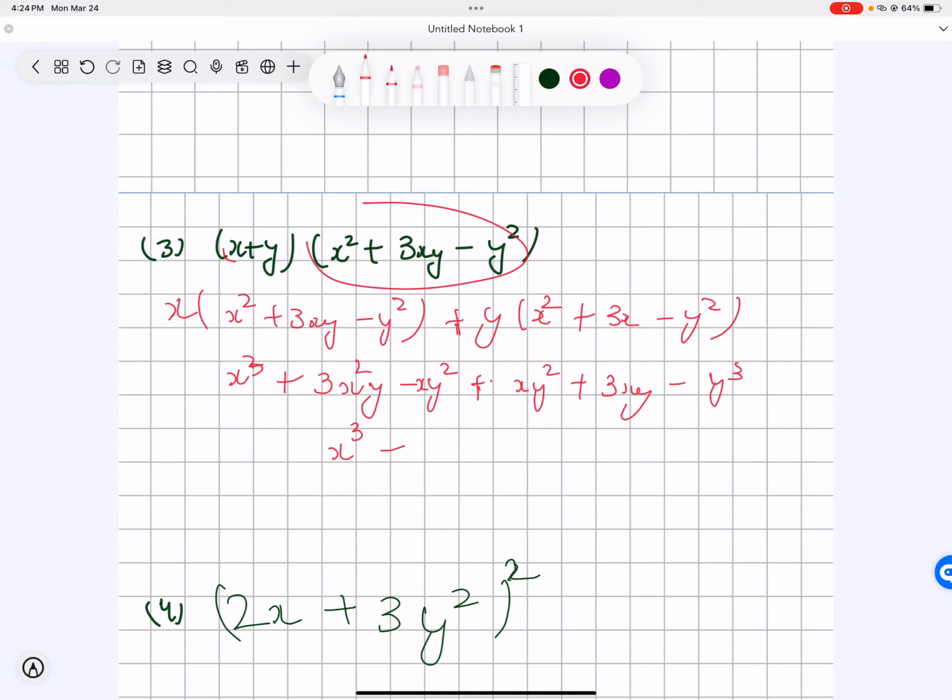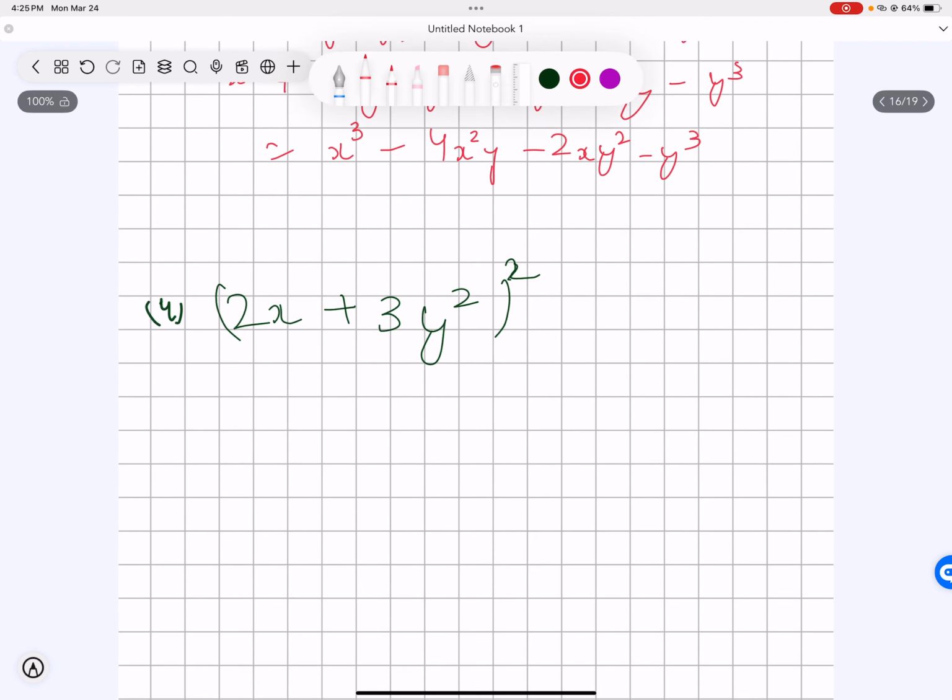If we combine the like terms, we get 3 plus, this is x squared y. We add these two, we get 4x squared y, and then we add those two, we get 2xy squared, and then we have minus y cubed here. That is our final answer.